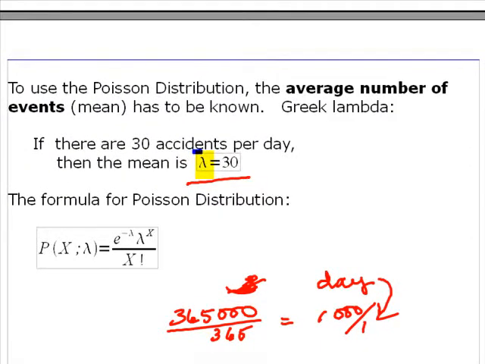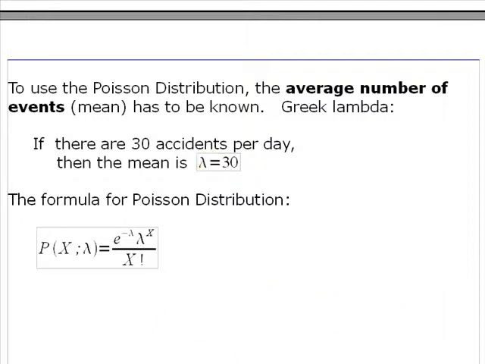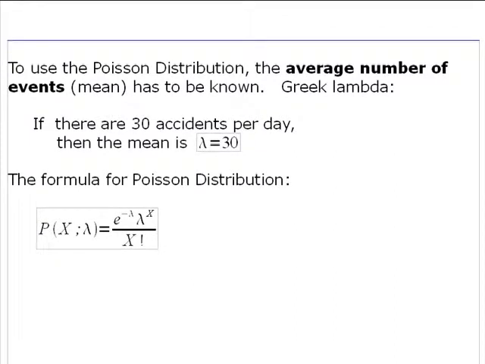But that is the number that you need to do the distribution. And this is just a formula class, so there's the formula right there. There's also a table in the back of the book, I think it's Table C in Appendix C. I thought the formula was pretty easy, so I just use the formula most of the time. Here's how you use the formula. You know lambda.